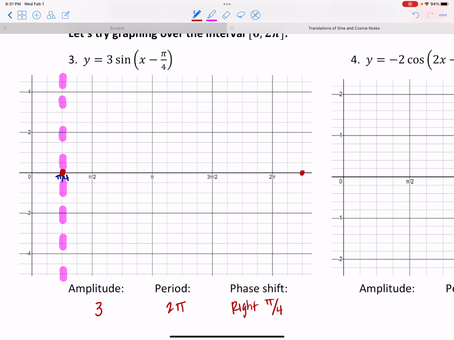So in the middle is normally pi, but it's pi over 4 after that. And then in between those zeros is where we hit our maxes and mins. And there's no reflection here, so we're going to go up to our max, which is going to be 3. So in between, normally at pi over 2, now shifted over, means our 3 is going to be here. And then normally we're at 3 pi over 2. Let's shift over and make our minimum negative 3 here. And now we can connect.